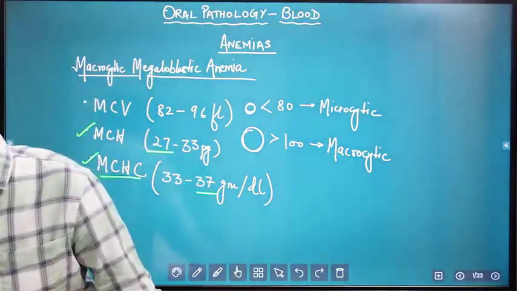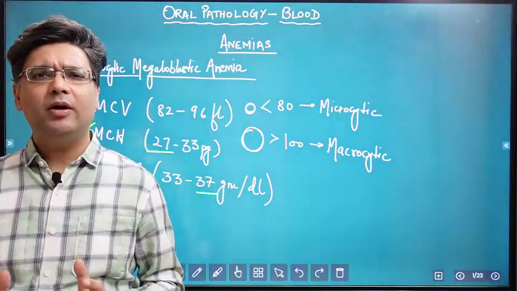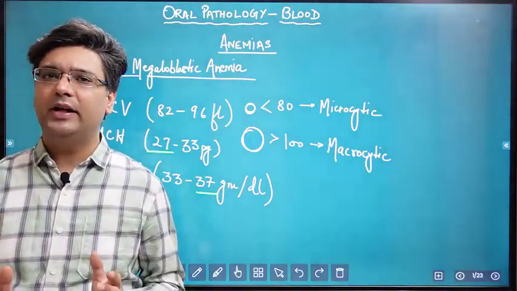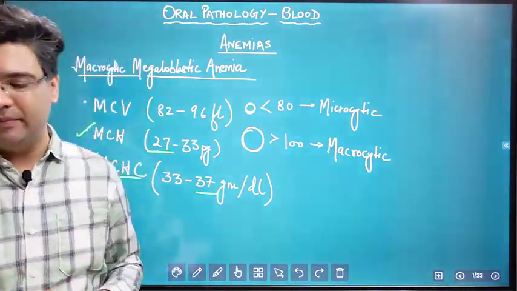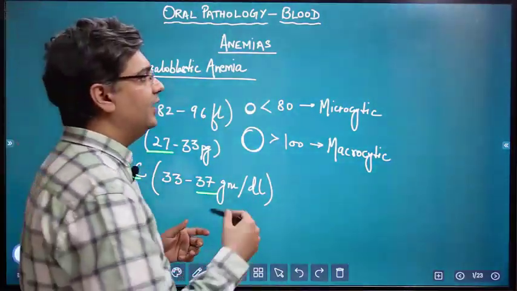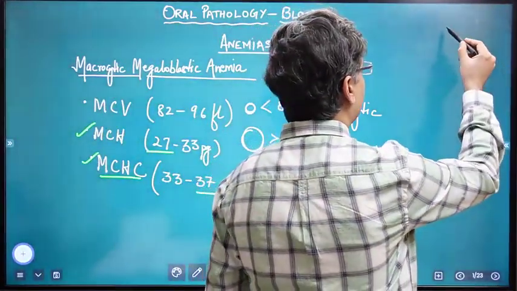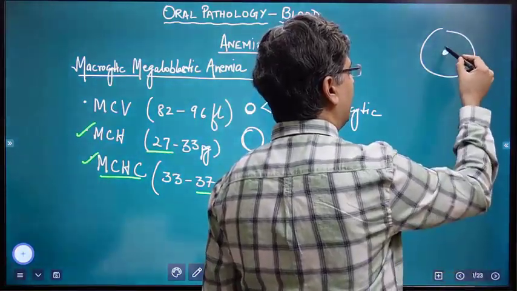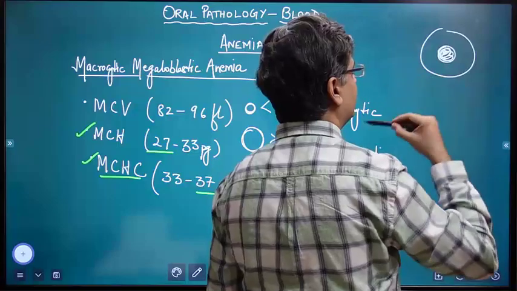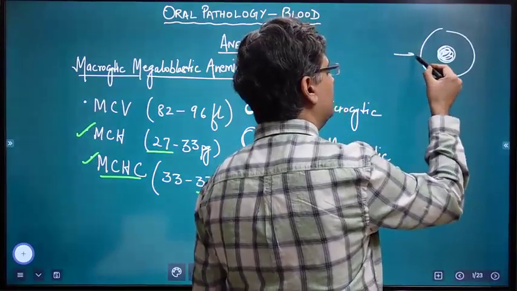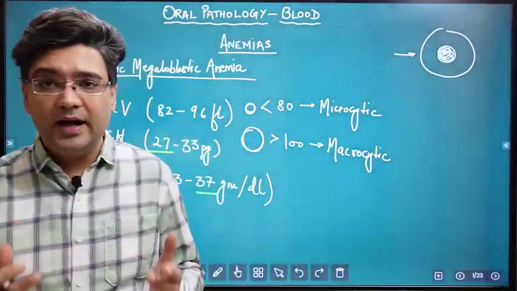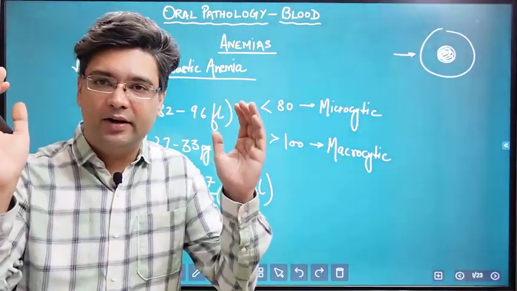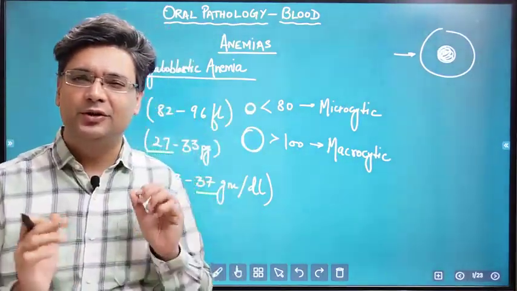Now, when we talk about the development of the RBC, the immature RBC had a big nucleus and was even bigger in size. As the cells matured, they converted from bigger size to smaller size.